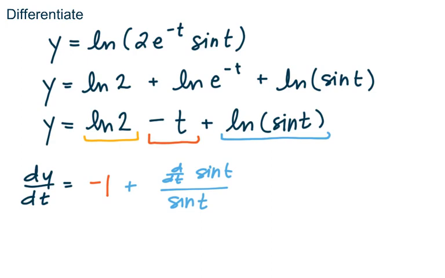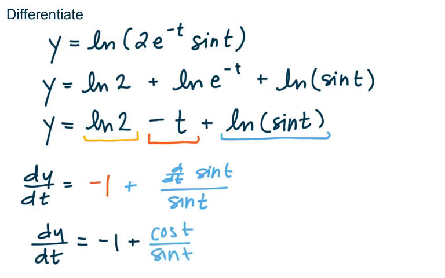The derivative of sine is cosine. So dy dt is negative 1 plus cosine of t over the sine of t. And just for the sake of cleaning that up a little bit, we could write that as negative 1 plus cotangent of t. Final answer. So I hope that helps you a little bit more with taking derivatives of natural logs.